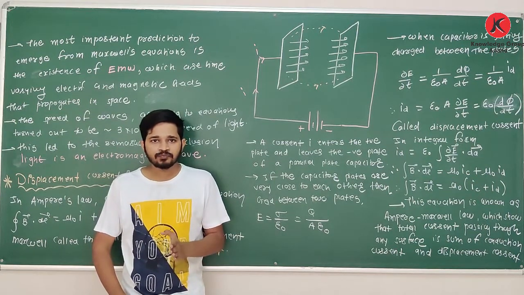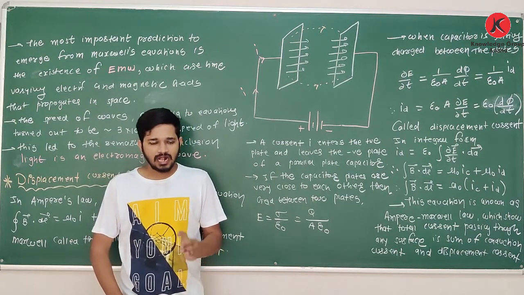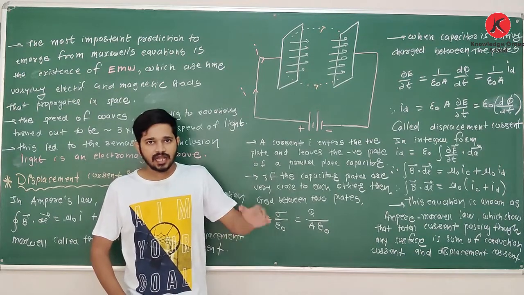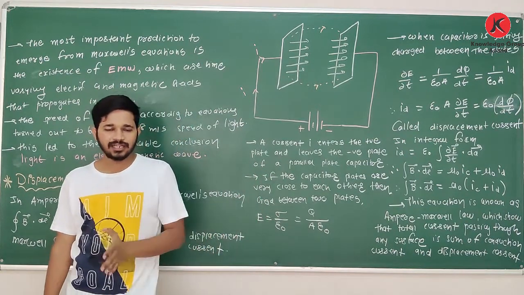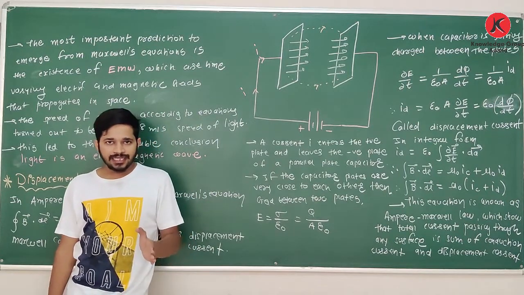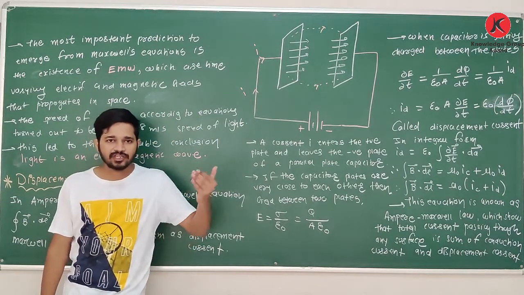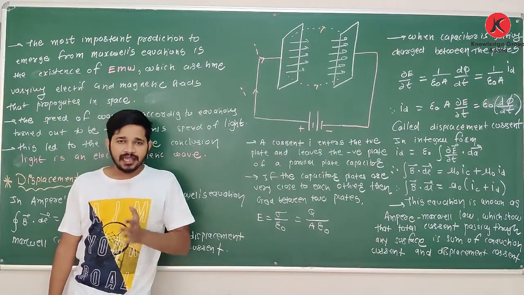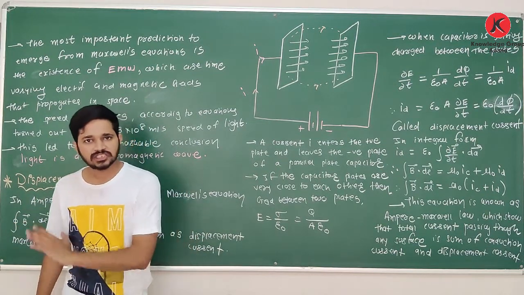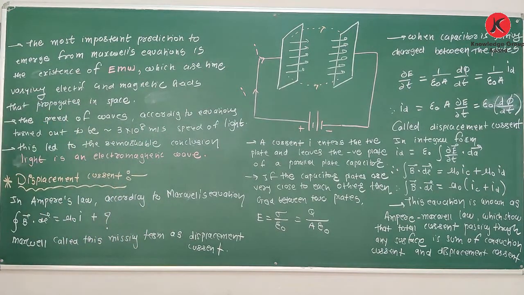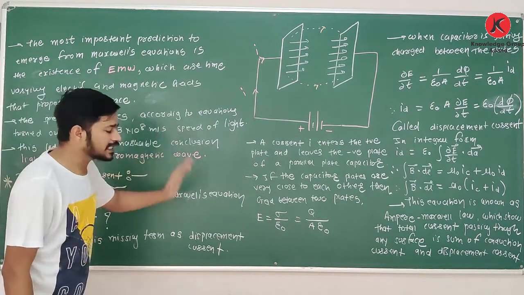So Maxwell argued that a time varying electric field produces a magnetic field. He suggested an additional current called displacement current and formulated some equations. From such equations, what was the prediction? The existence of electromagnetic waves, and their speed turns out to be 3 × 10⁸ meters per second, the speed of light.